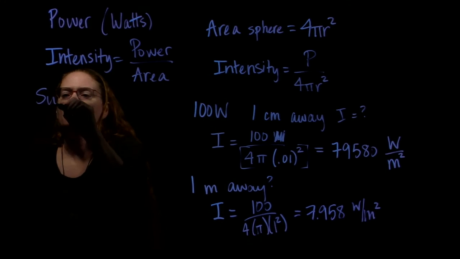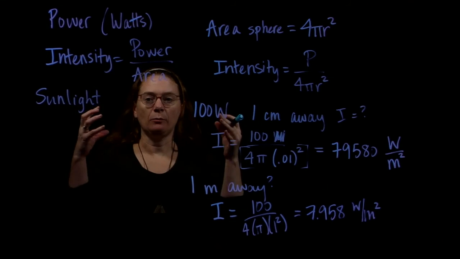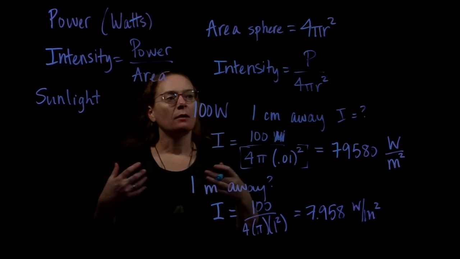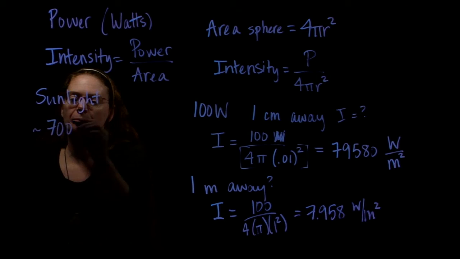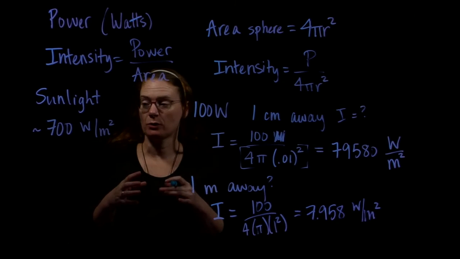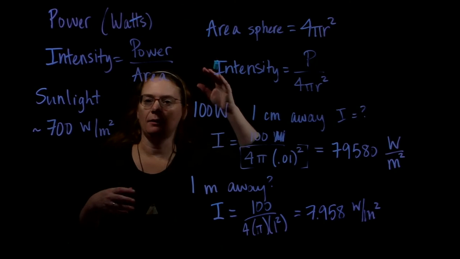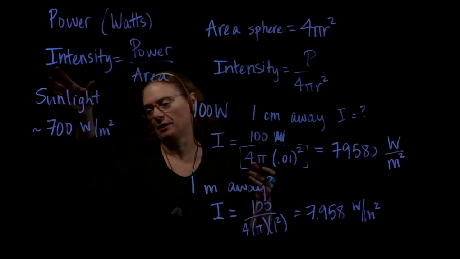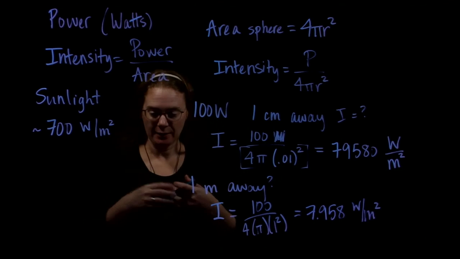If we have sunlight, on a nice sunny day, sunlight is pretty darn powerful. We actually have about 700 watts per meter squared of sunlight, up to 1,000 watts per meter squared. Peak sun, like solar noon at the equator, might be up to 1,000, but in general, we're looking at 500 to 1,000 watts per meter squared for sunlight.